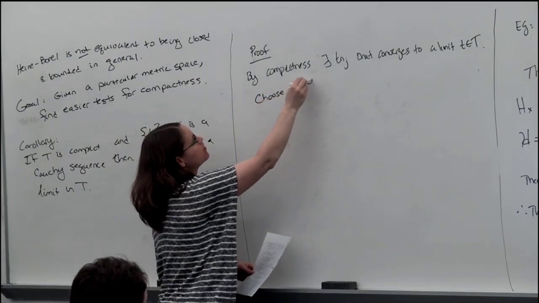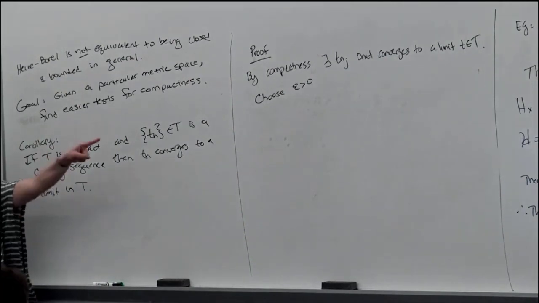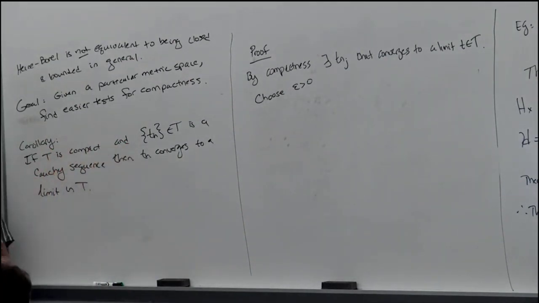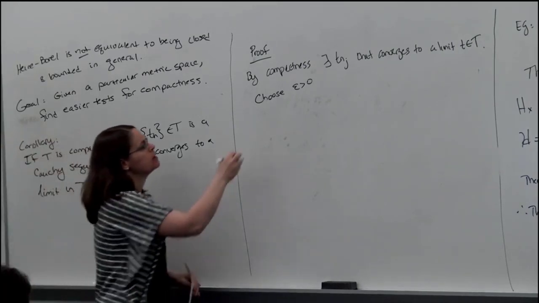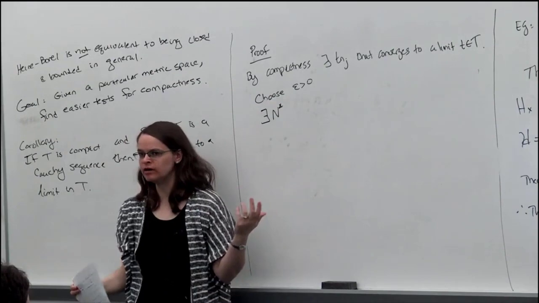So we pick our epsilon, and I'm just going to write down these two facts. That thing has a limit, and this object is Cauchy. So both of these facts give me an n star.